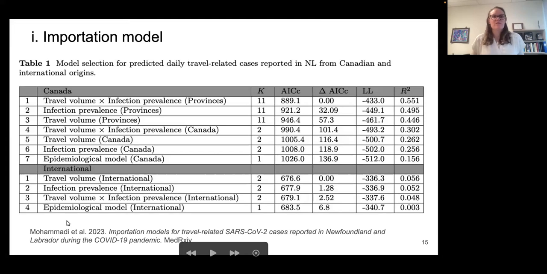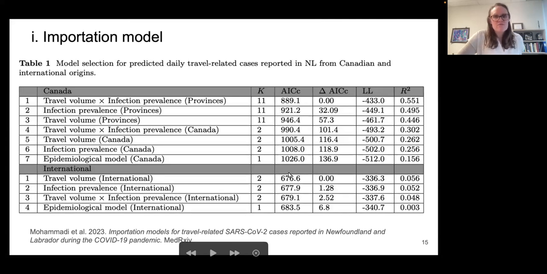Or we took travel volume multiplied by infection prevalence and aggregated across Canada and thought, well, maybe that would be sufficient. So there are 6 different statistical models here with different numbers of variables, and an epidemiological model. These have different numbers of parameters.